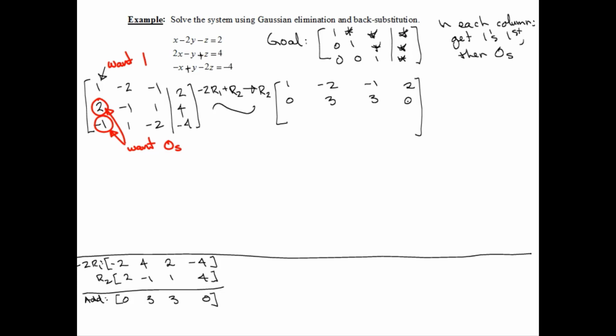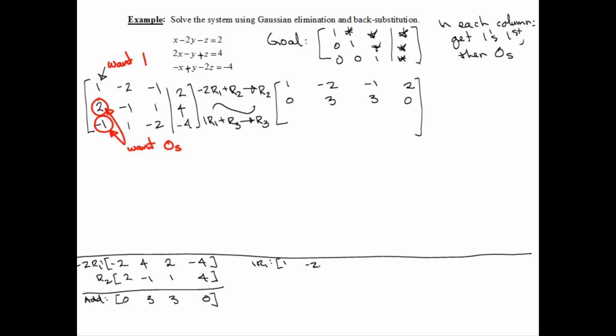Now we need to get a 0 in the third row in that first position, so take the opposite of that number, so that'll be +1. Multiply it by the row with the 1 in it, which will be row 1. Notice we're going all the way back to row 1. Add it to the row you're working with, which is row 3, and then back into row 3. So when we do row 1, okay, well that we don't have to do any multiplying. We can just write it down as is.